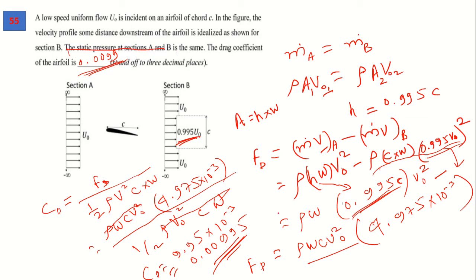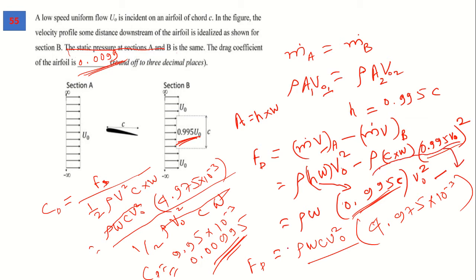Now we will simplify this, with rho W as common, and 0.995 C into V naught square. Here what we have done is that H is equal to 0.995 C, I have just written it, and minus this part.